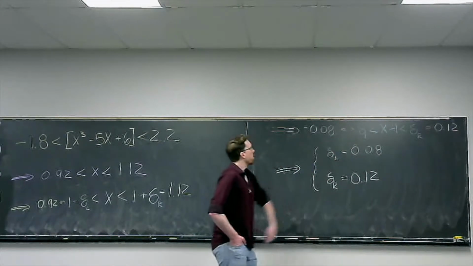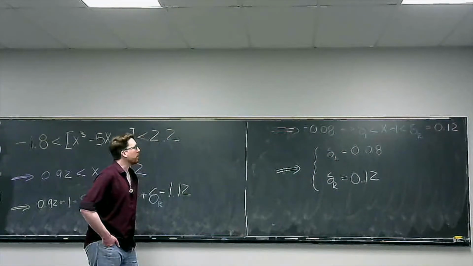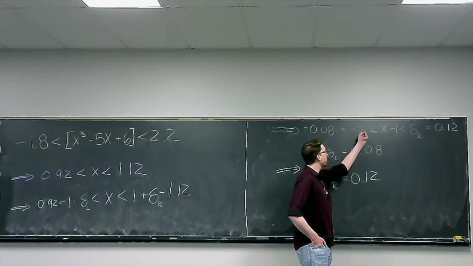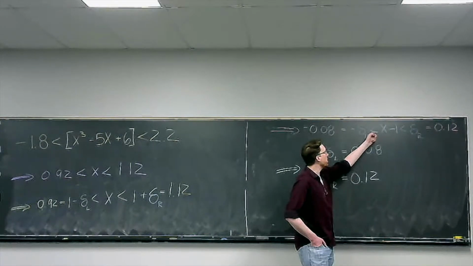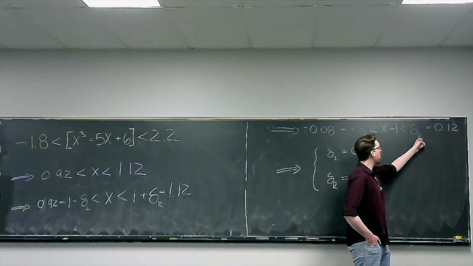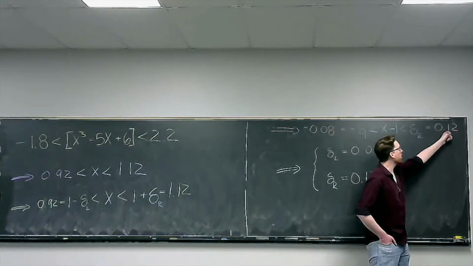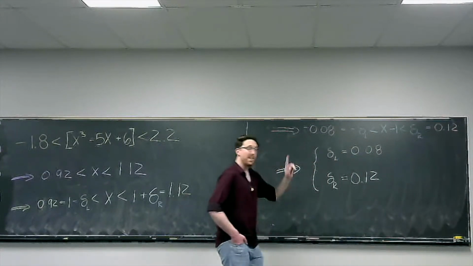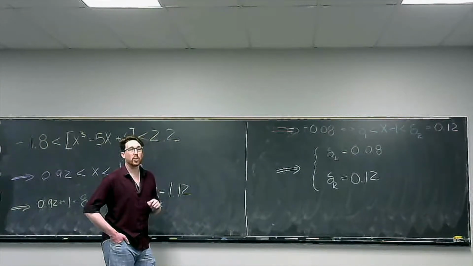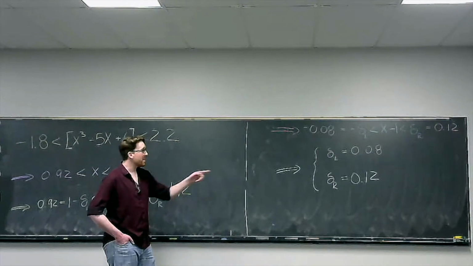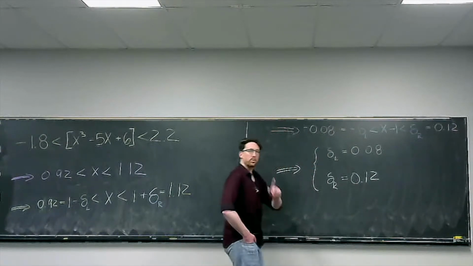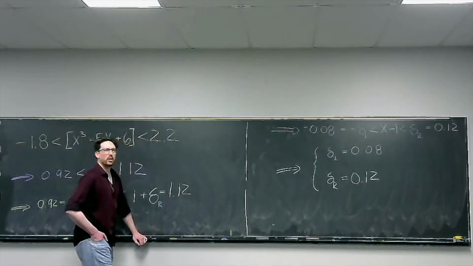When we do that, we get that negative 0.08 is equal to negative delta L, which is less than x minus 1, which is less than delta R, which is equal to 0.12. In other words, delta L has to be equal to 0.08. And delta R has to be equal to 0.12. So the question now is, which delta is our answer?